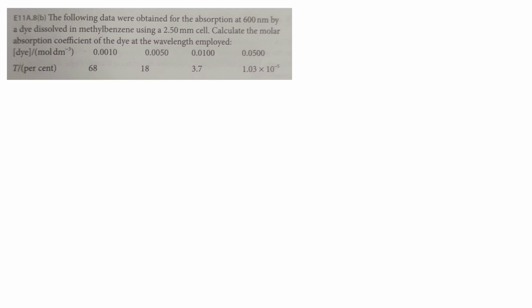I hope you will be able to solve it, and I hope you will get the same value of epsilon from there, right? Okay. Now move on to the next question.